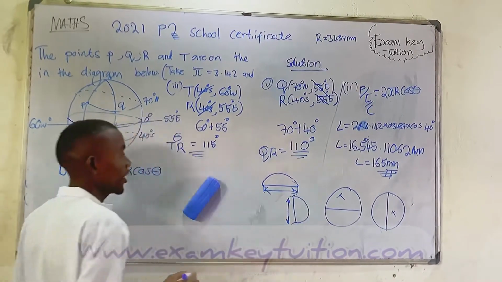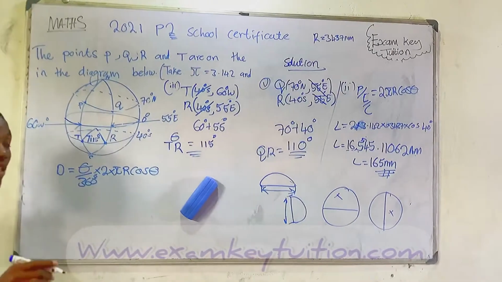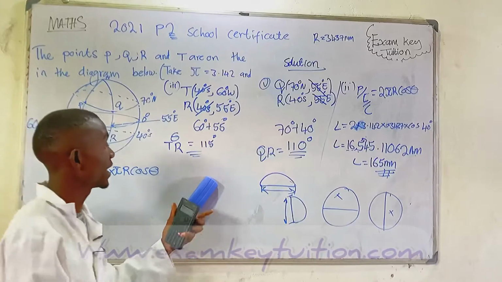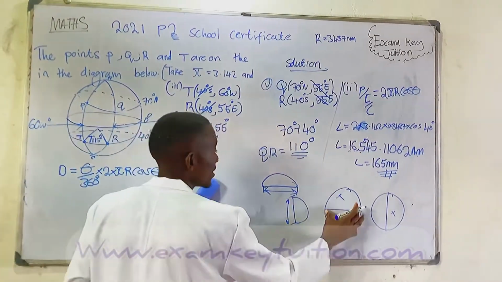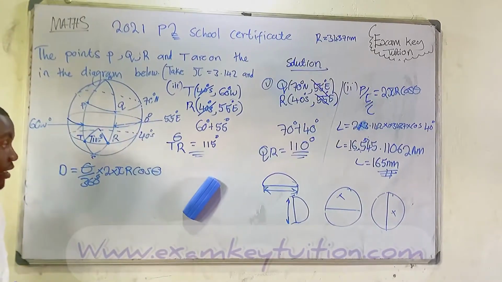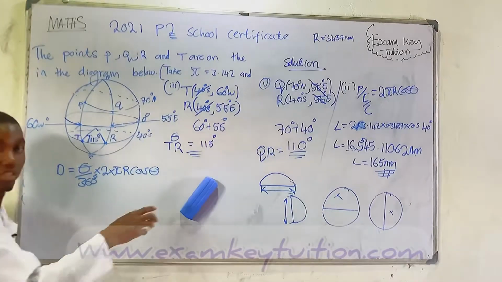No wonder whenever you are calculating the distance along the equator, we need to introduce the formula for finding the distance on a big circle. Is it clear? Because the diameters are just one and the same, whether you cut it here or here. Yes. Okay, we can proceed.